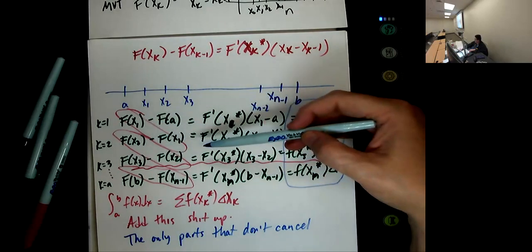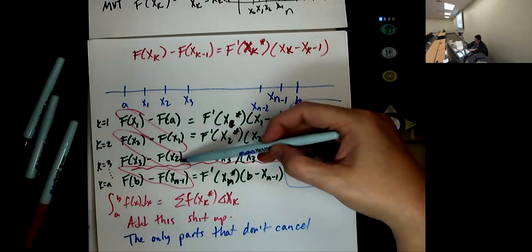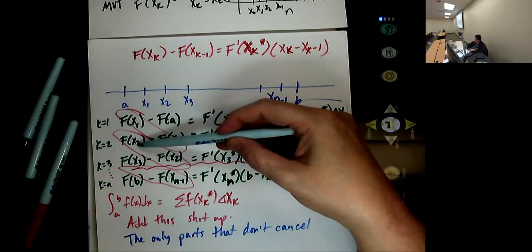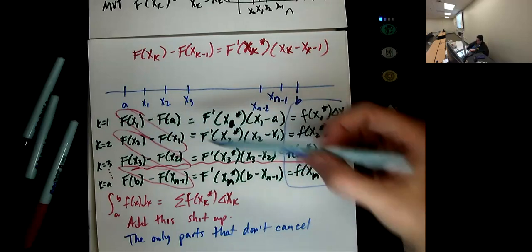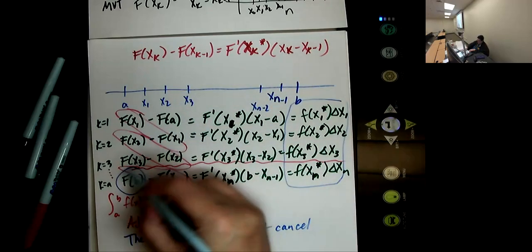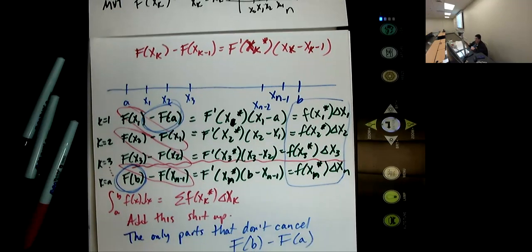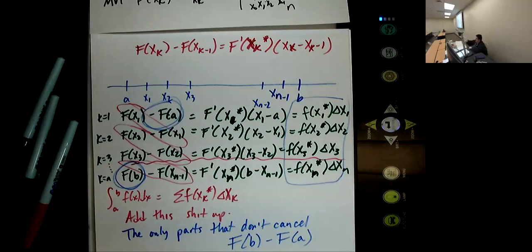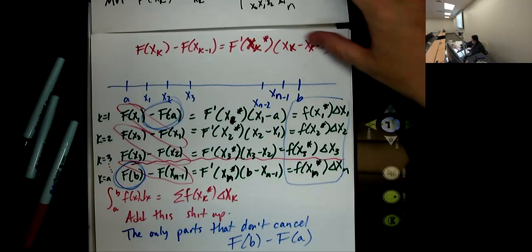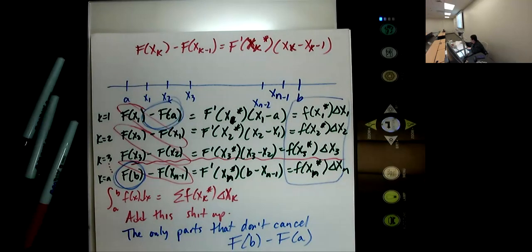Those go away. Negative f of x2, f of x2, those go away. All that's left over, that bad boy, fb minus fa. It's all that's left over after you cancel up all the subintervals. Crazy, right?